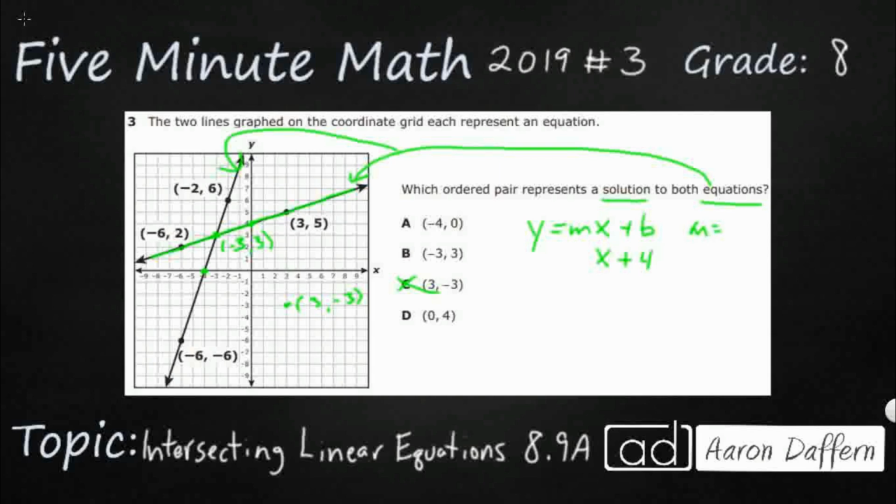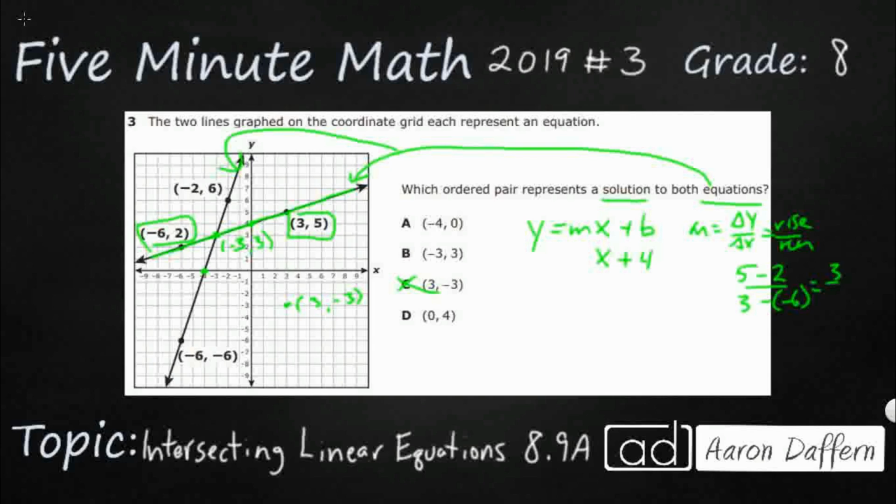So the slope equals the change in y over the change in x. It's the rise over the run. And they give us the x's and the y's, so I'm just going to use these 2 points here. So let me see. I'm going to change my y's. I'm going to do 5 minus 2 over 3 minus, and then -6.